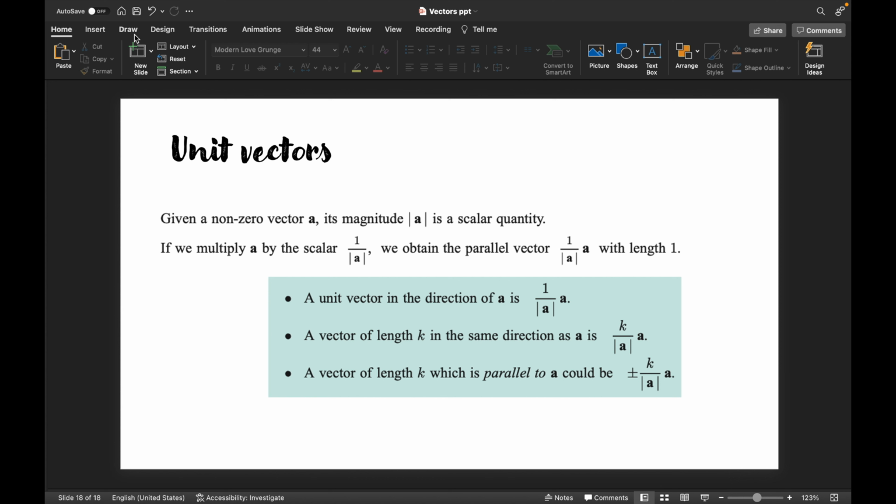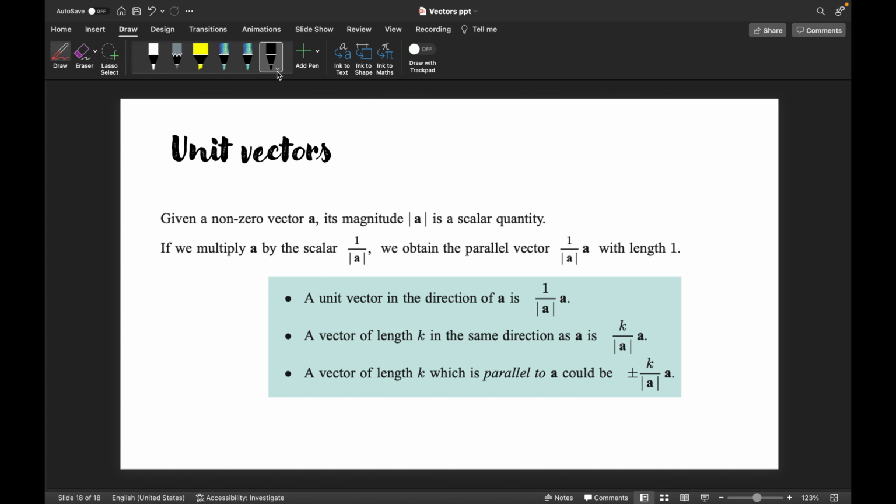For example, find the unit vector of, let's say, 3i minus 4j. What do we do? We have to, first of all, find the magnitude. No matter what, just find the magnitude. So let's say this is vector c.